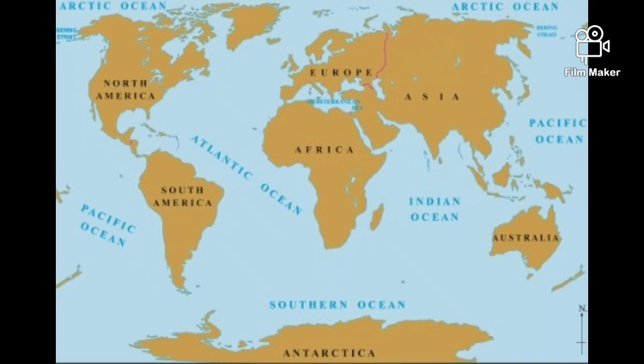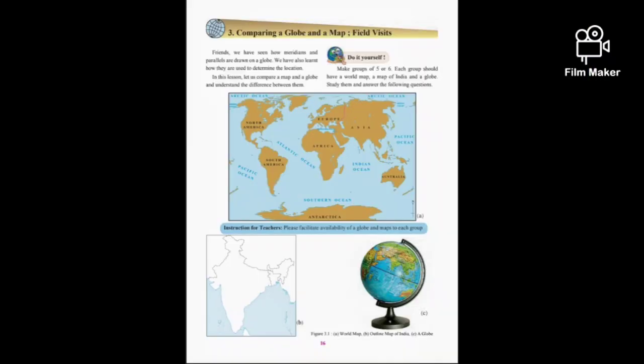But let us know the difference. A globe is spherical, the same as planet Earth. Just now I told you it's a replica of our planet Earth. It resembles our planet Earth. And a map is drawn on flat paper.